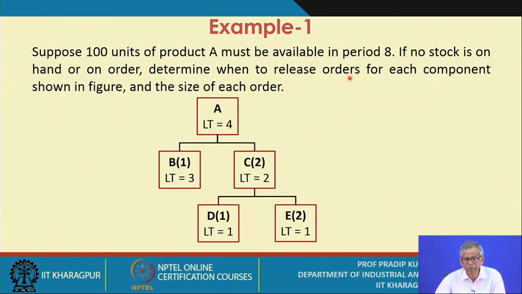So this is the data we have. Now if no stock is on hand or on order, determine when to release orders for each component. So this is shown in the figure. I hope you understood the problem, and you need to determine the size of each order.